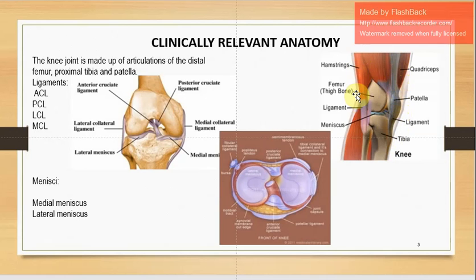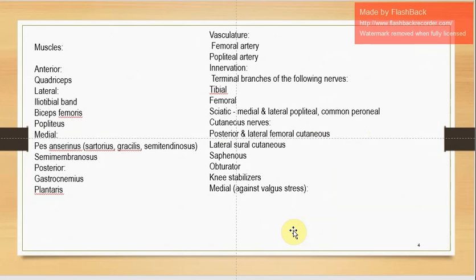On the lateral side you will see the continuation as the iliotibial tract, and then the meniscus, which acts as a shock absorber and cushioning structure between the gliding bones of the knee joint. Here you can see the medial and lateral meniscus.